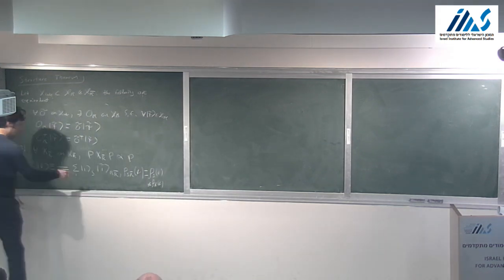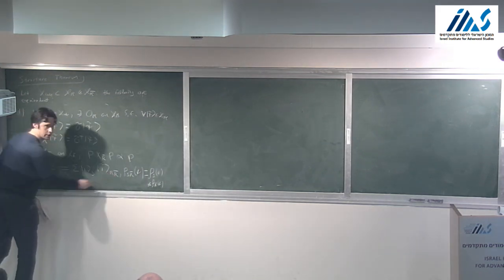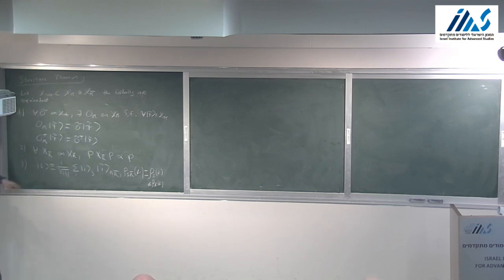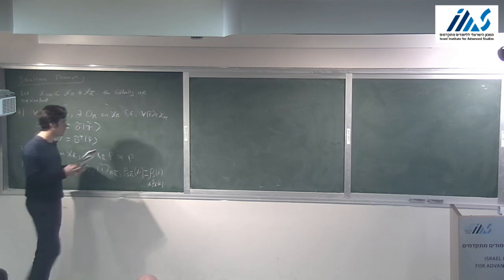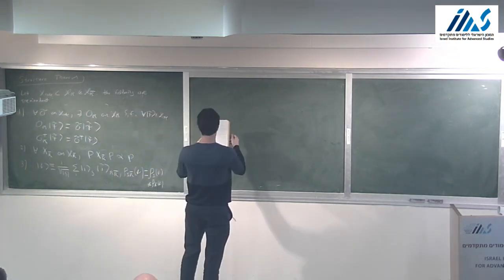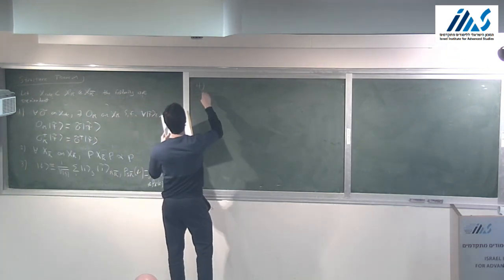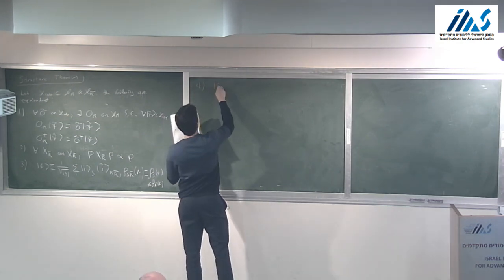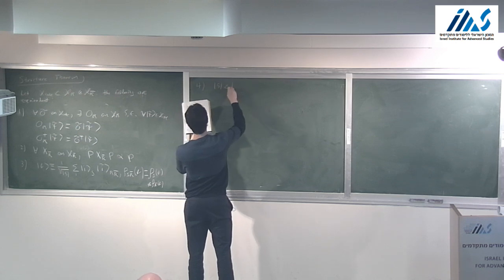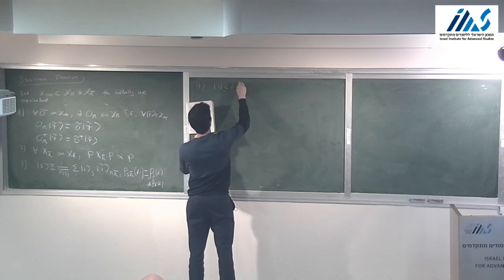So it's saying that in this state, there's no correlation between S and R bar. If you look at the reduced state on S and R bar, you get a tensor product state. And then the final condition, which is a little bit annoying to write, is that the dimensionality of the code subspace is less than or equal to R.